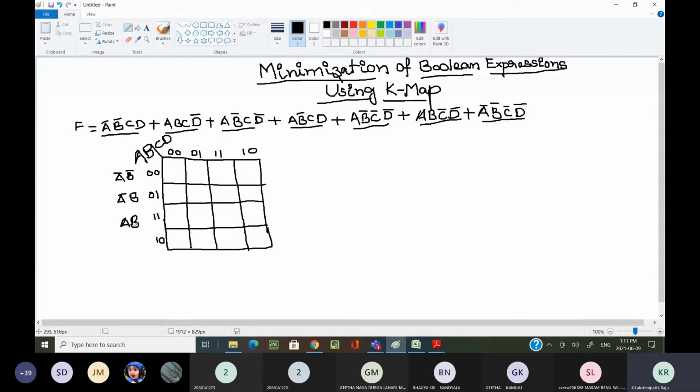Above this you can write C bar D bar, C bar D, C D, C D bar. These are the terms.